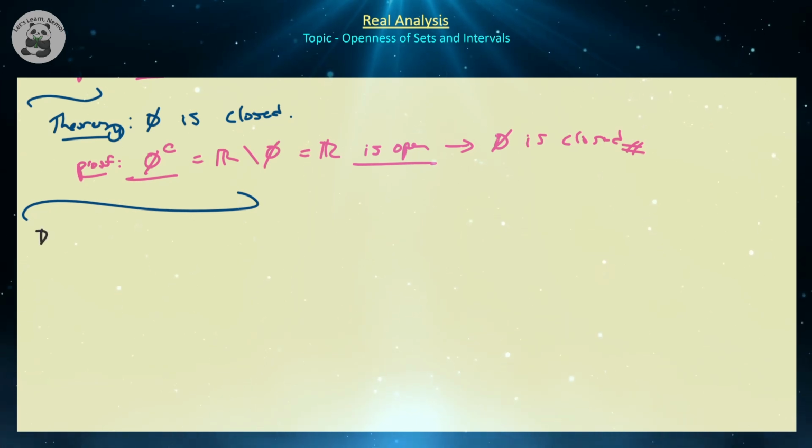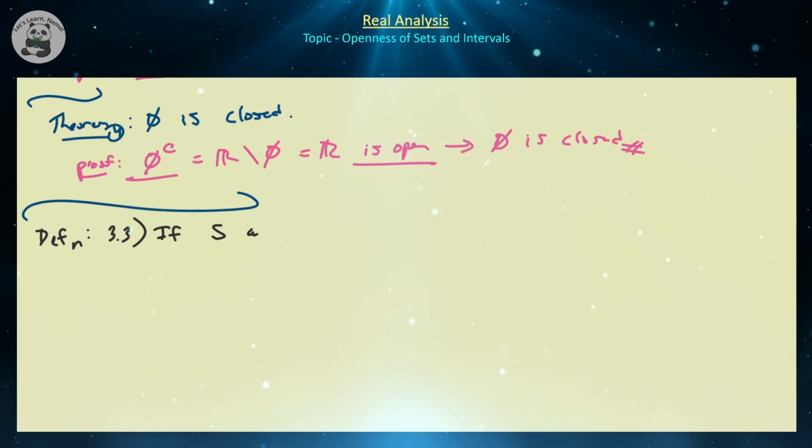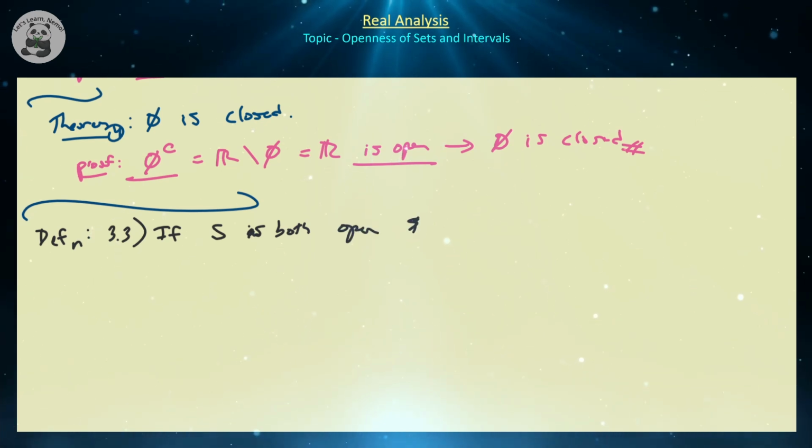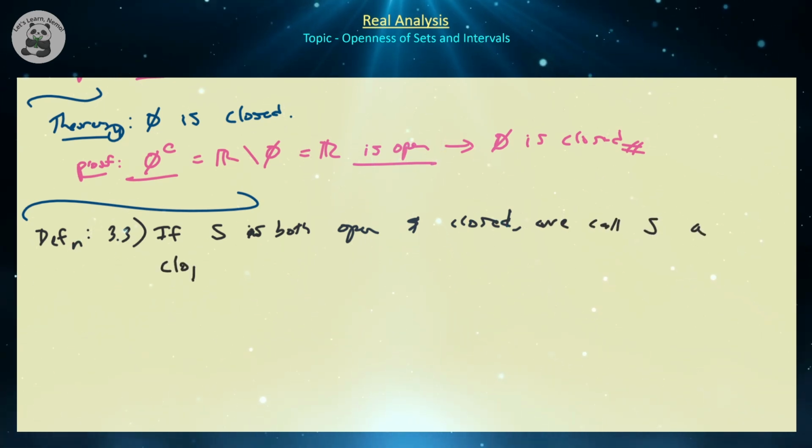Okay? So let's go ahead and introduce a definition, and let's add on to the previous set of definitions. So we had the definition of open, the definition of closed. Let's add the next definition of a clopen set. So if S is both open and closed, we call S a clopen, both closed and open set.